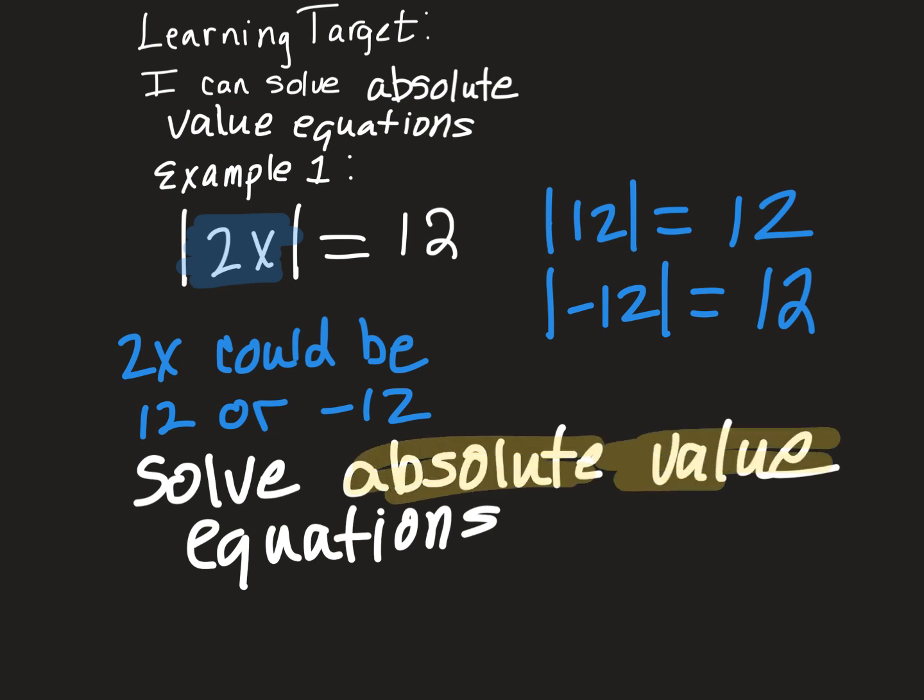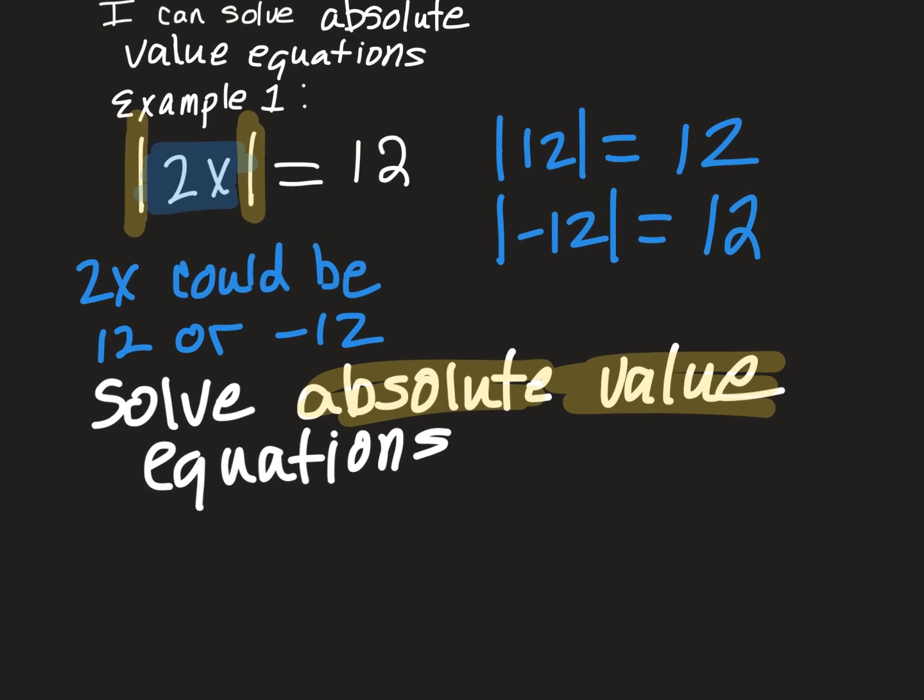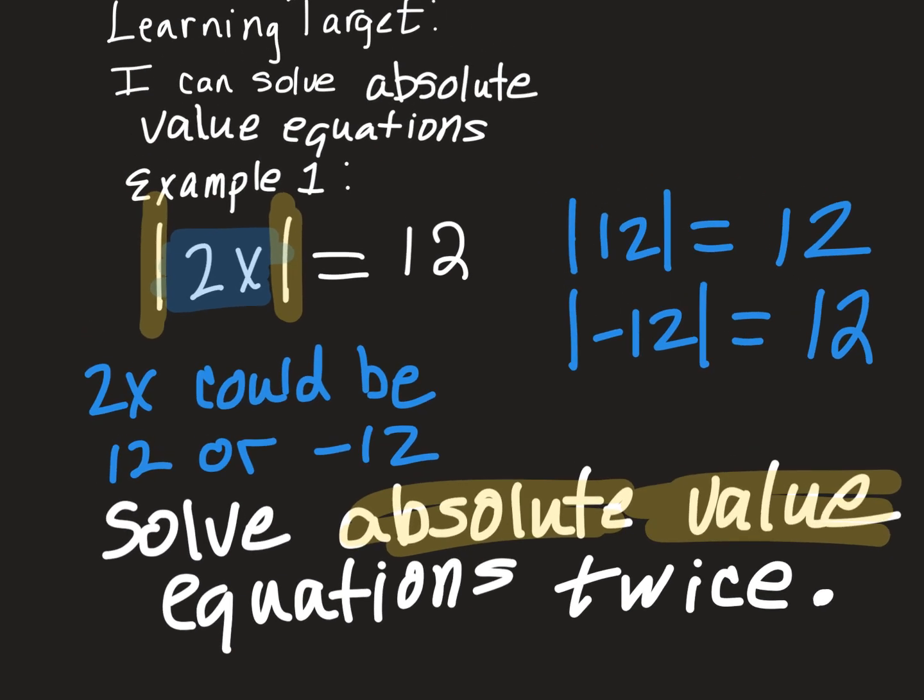And again, if you don't want to color code, that's okay. 2x could have been a 12 or it could have been a negative 12. So 99.9% of absolute value equations, you're going to have to solve twice. You're going to have to solve them more than one time.